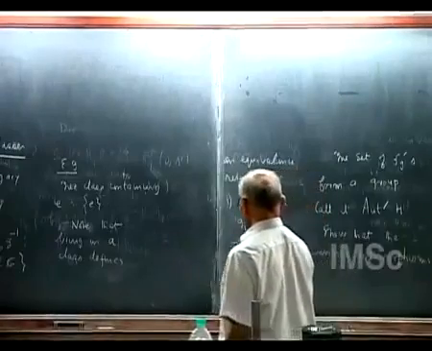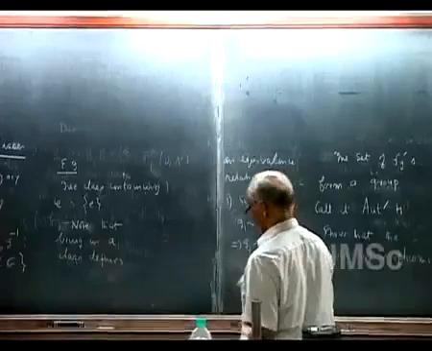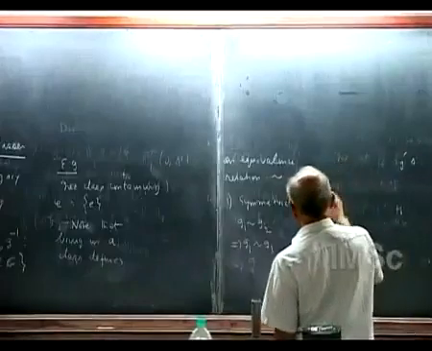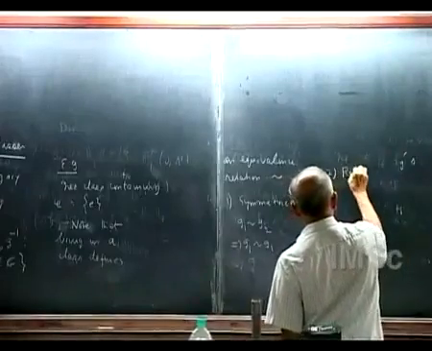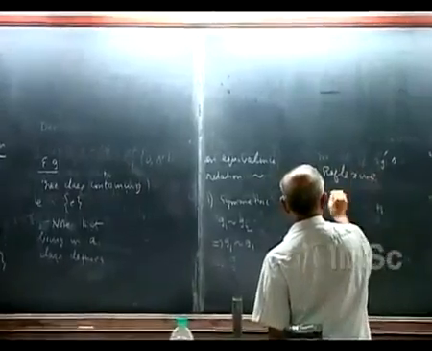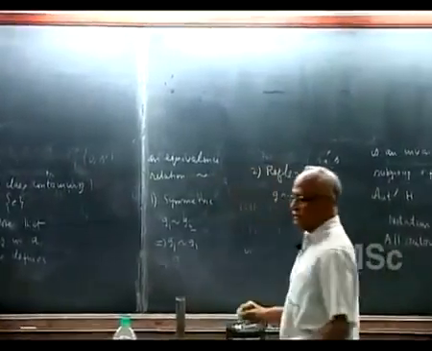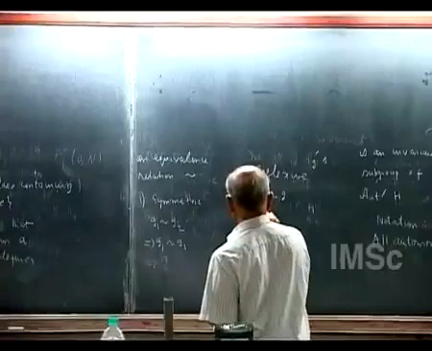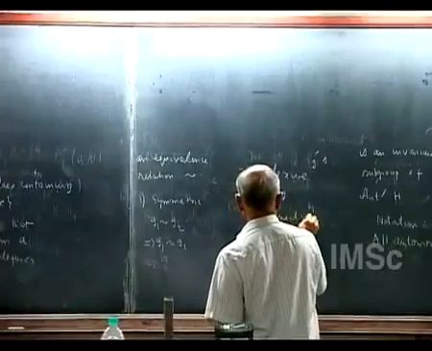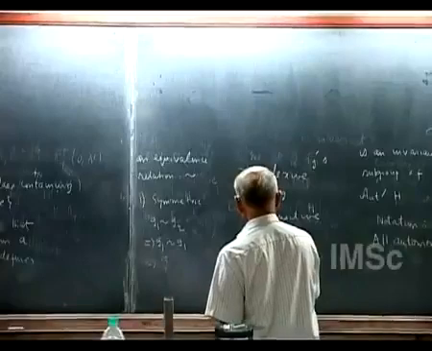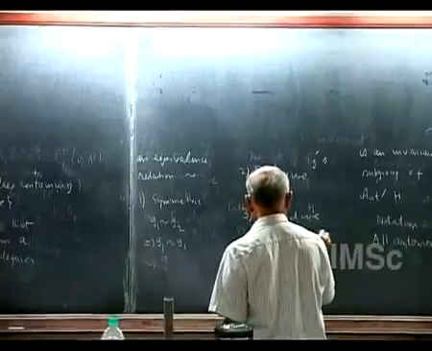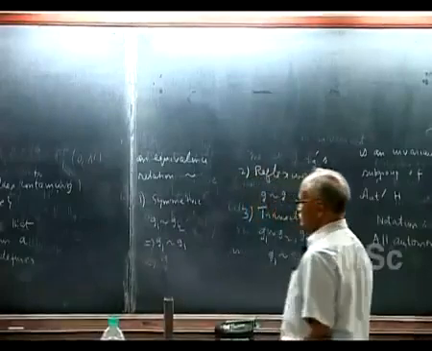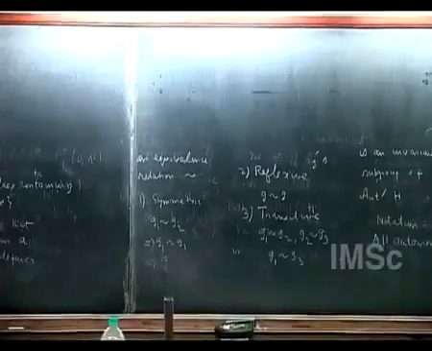Second, it is reflexive. That means G is equivalent to itself, kind of trivial. And thirdly, it is transitive. If G1 is equivalent to G2, and G2 is equivalent to G3, then G1 is equivalent to G3. So, this is what is meant by an equivalence relation.